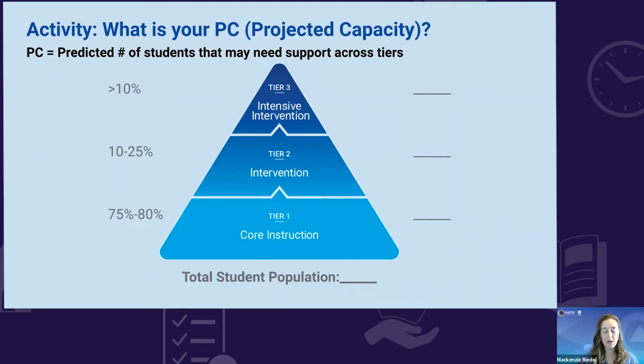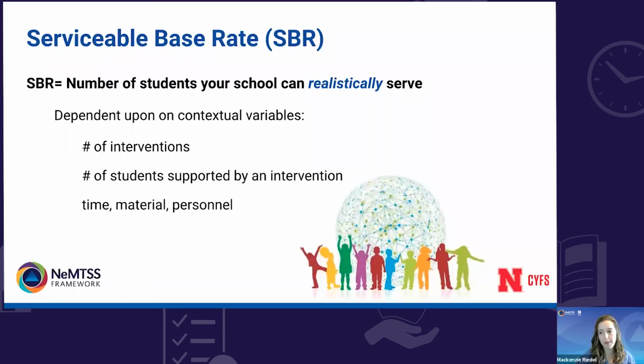On the bottom, you would put the total number of students you have, and then you would find those specific numbers within those percentages and fill them in on the lines. Like I mentioned, in a perfect world, these numbers would match up with your school's ability to provide the equivalent services. But since projected capacity doesn't encompass any specific needs of your population, that's why we also need to find our serviceable base rate.